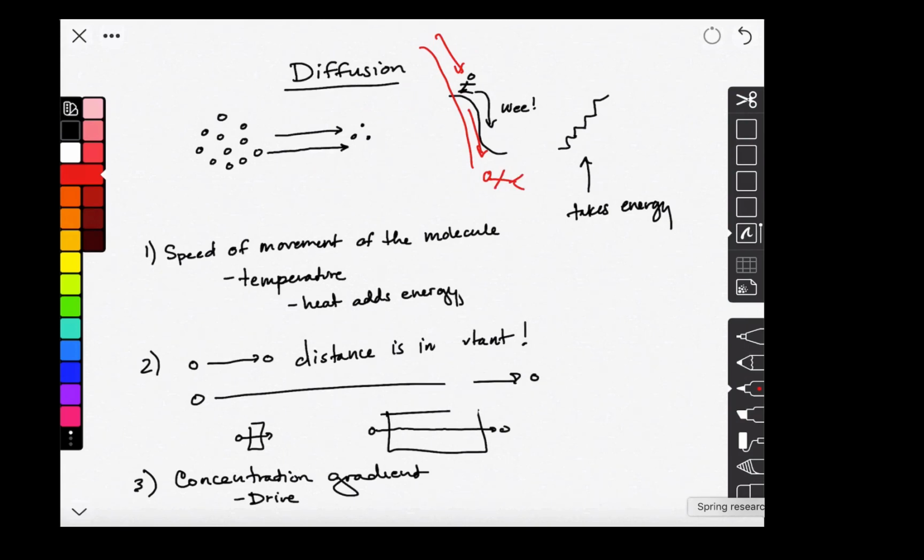Now, the other thing that changes is just the physical amount of contact with the membrane. And that's going to increase as the concentration increases. Okay, hopefully this has gotten across a few concepts related to diffusion and that you find it helpful.